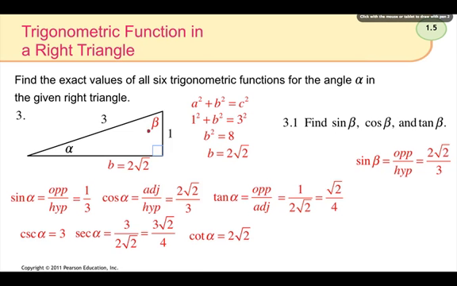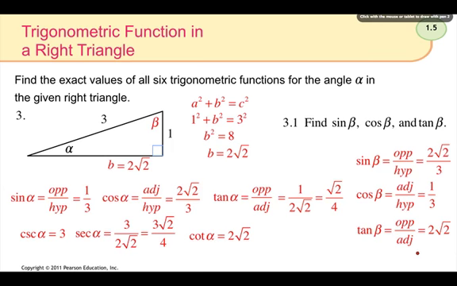Opposite to this reference angle now is 2 radical 2, and the hypotenuse has not changed, it's still 3. And if I want to find cosine of beta from this reference angle, the adjacent side over the hypotenuse, that's why you see this as the answer. And tangent of beta is the opposite side, 2 radical 2 over 1. So this is my answer.